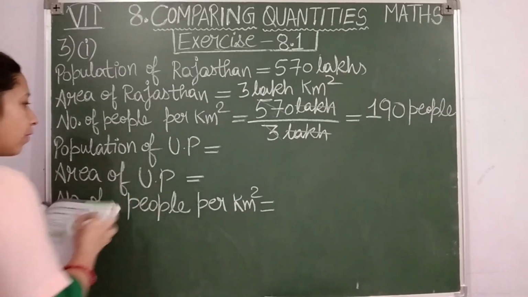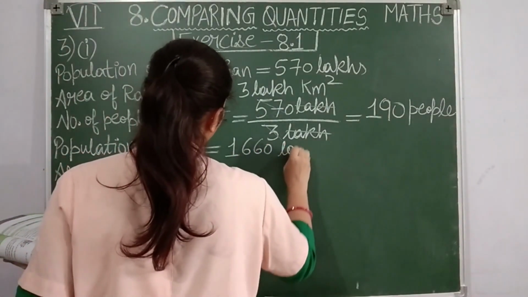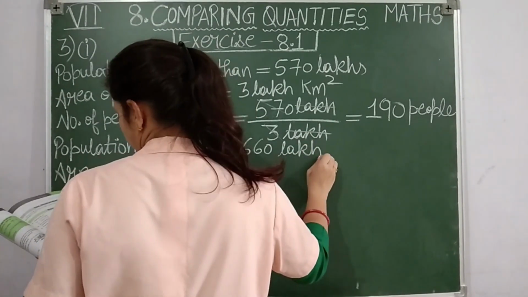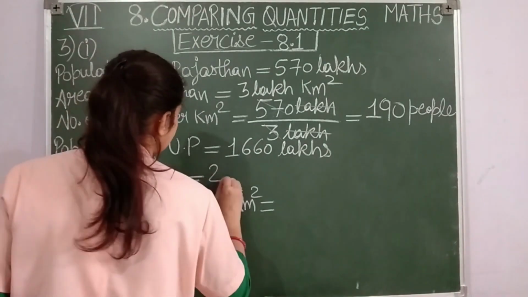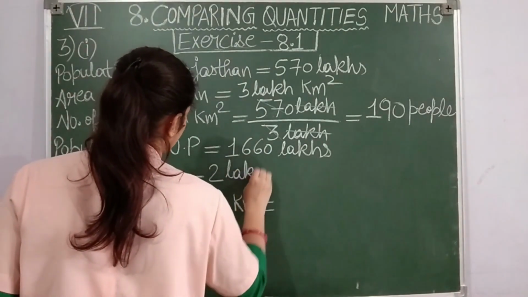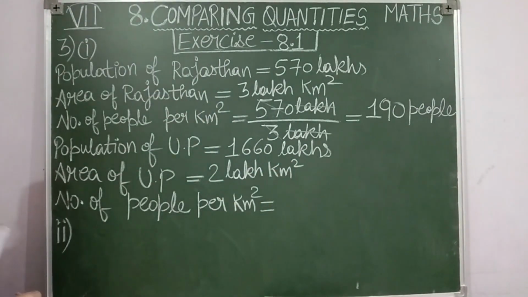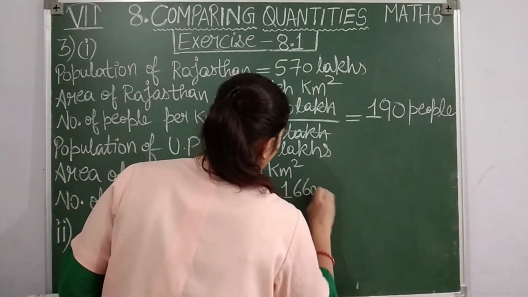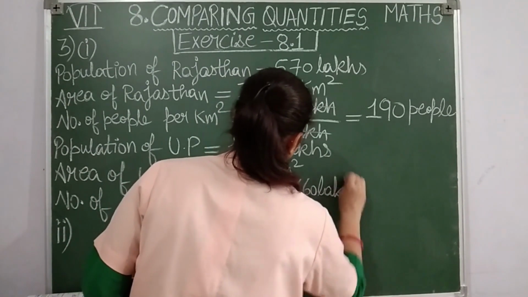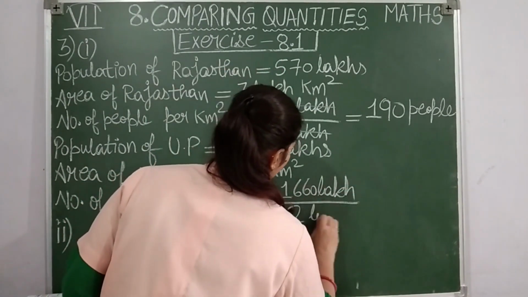Population of UP is given as 1660 lakh. Okay, students. Then area of UP is given as 2 lakh kilometer square. Okay, then again number of people per kilometer square. So I'll write total number of people and I'll divide it by total area of UP, which is 2 lakh.